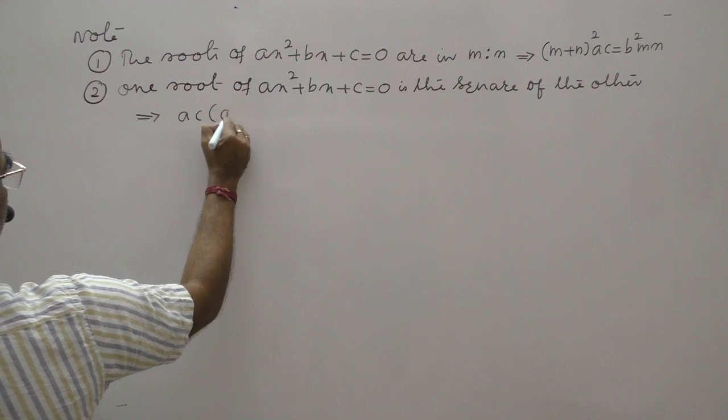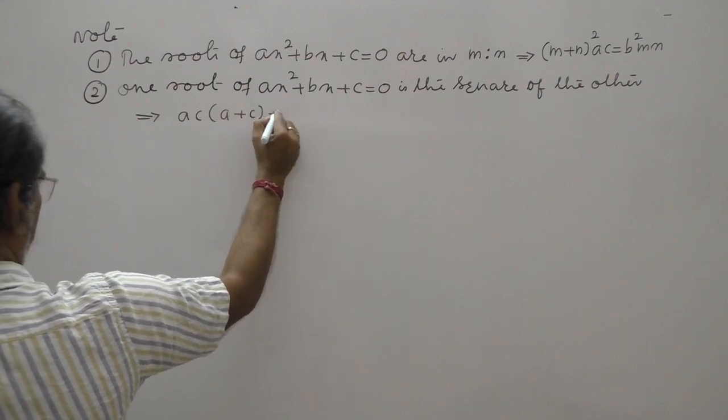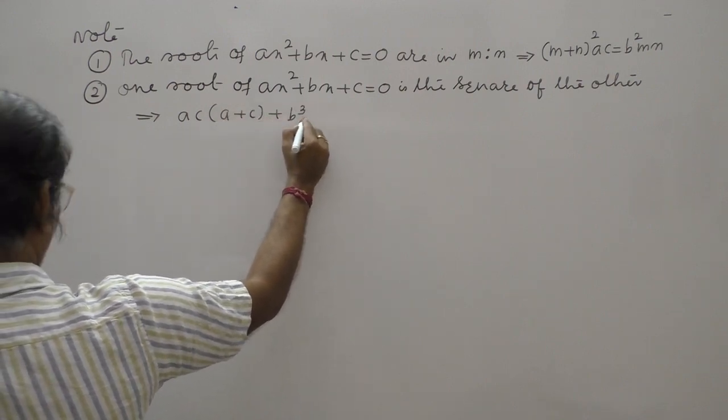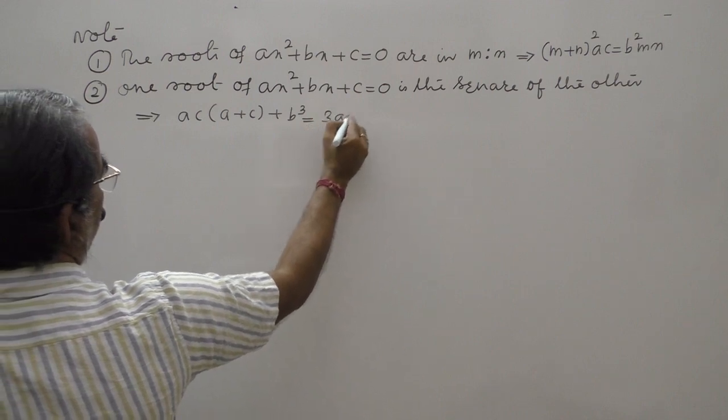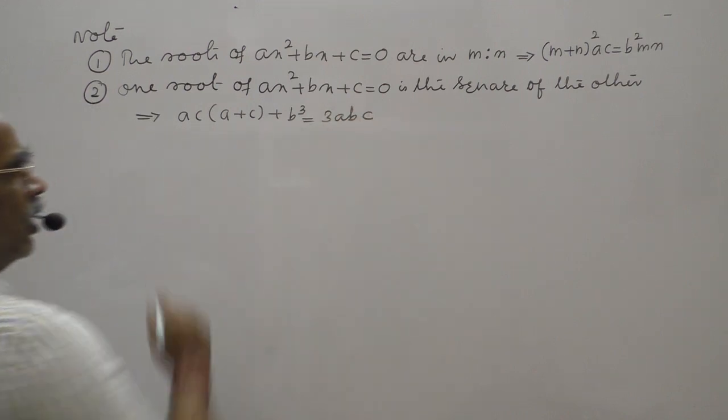AC into (a plus c) plus b cube is equal to 3abc. This is the condition.